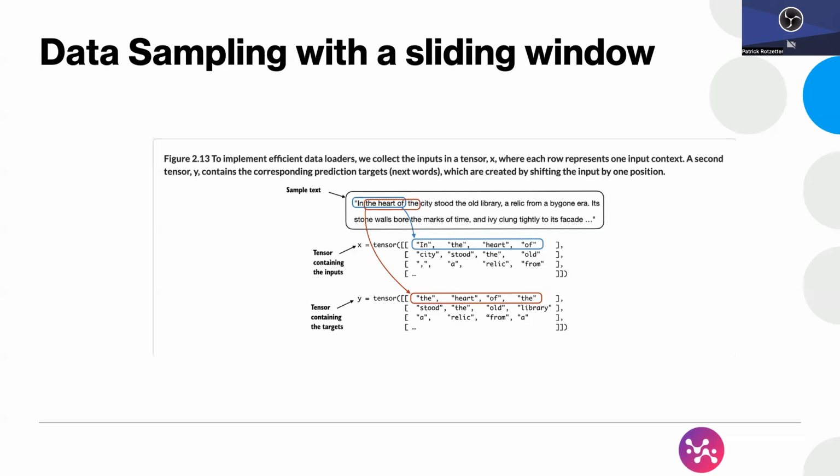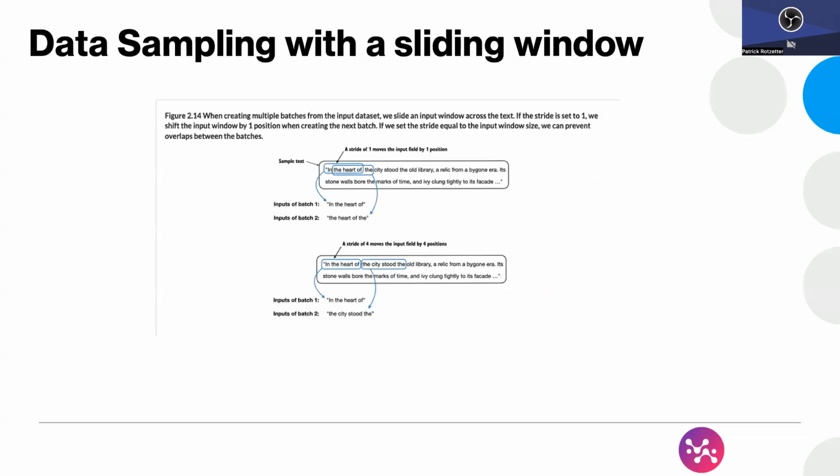So basically trying to predict next words or next tokens. That's an example I was just giving. You can predict one word at a time, so a stride of 1, or you can predict 4, and then you have no overlaps between the input and the targets.